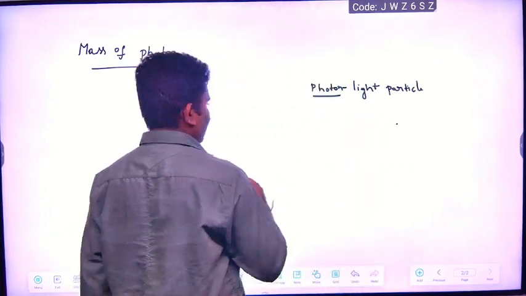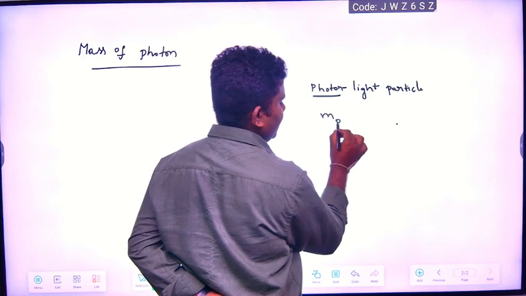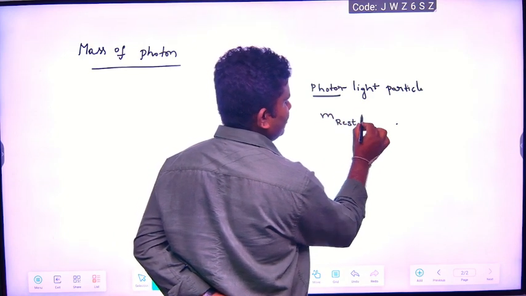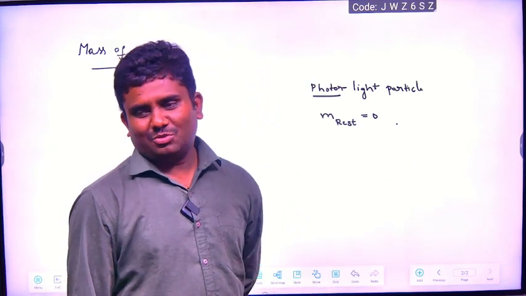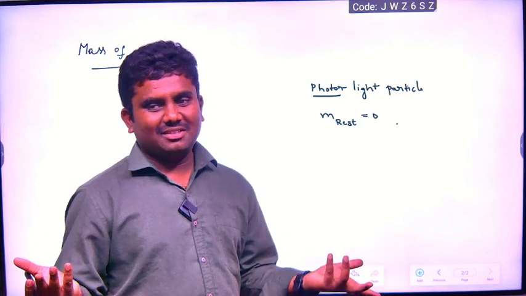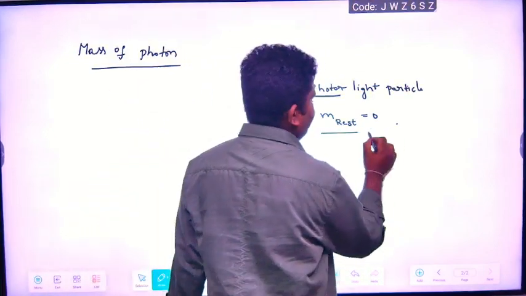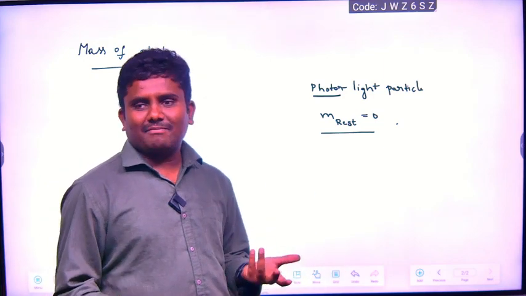The rest mass of a photon, m rest, is equal to 0. A photon's rest mass is 0. If it is at rest, its energy is 0. Understood? When does the mass of the photon increase?